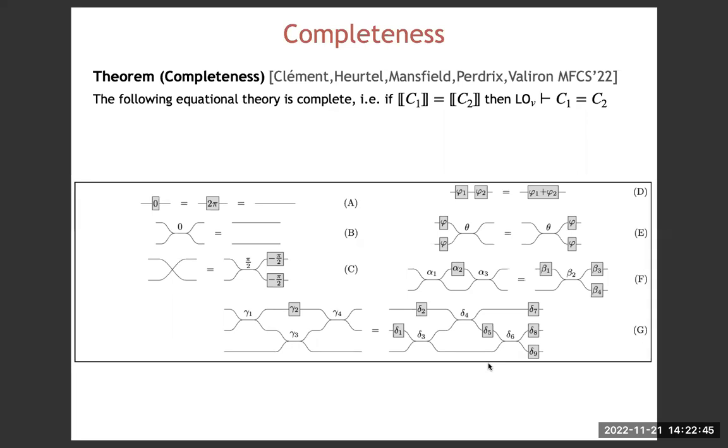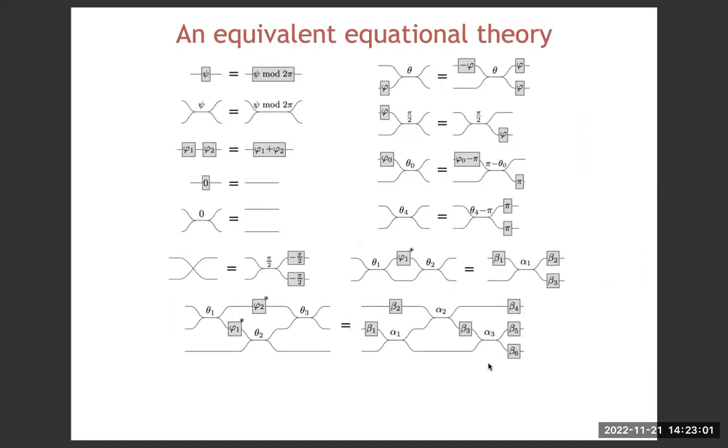Okay, so we have this equational theory, and this equational theory is complete. Let me show you briefly how we proved this. First, we slightly changed the equational theory. We start with this equational theory, which is fairly simple. We make it a little bit more complicated, and we consider this one, which is equivalent to the previous one.